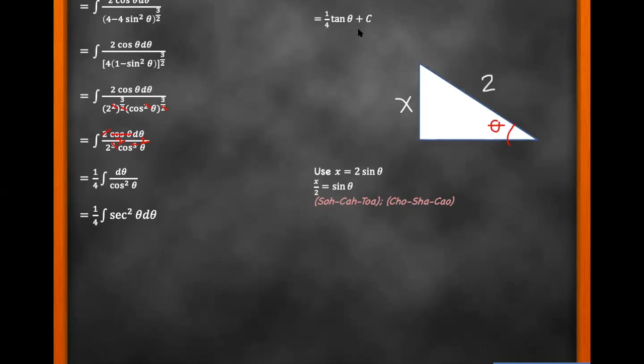But in our final answer, we have tangent theta. Tangent is opposite over adjacent, so we need this part of the triangle. So you have to solve for this using these values of the sides.